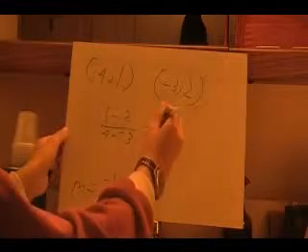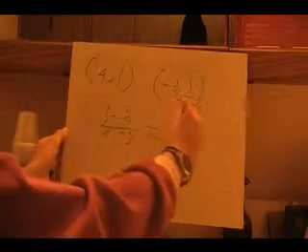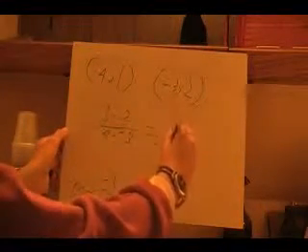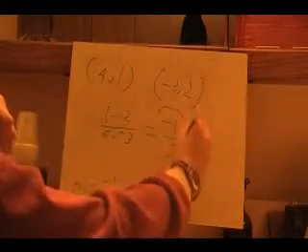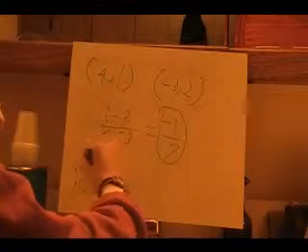So we're going to have 1 minus 2 over 4 minus a negative 3, which will become 4 plus 3. This will equal negative 1 over 7. And look at that. Same answer.